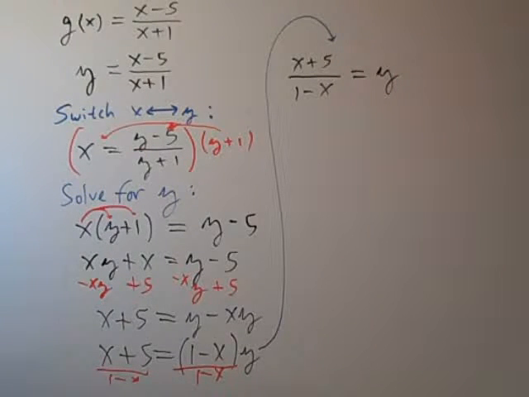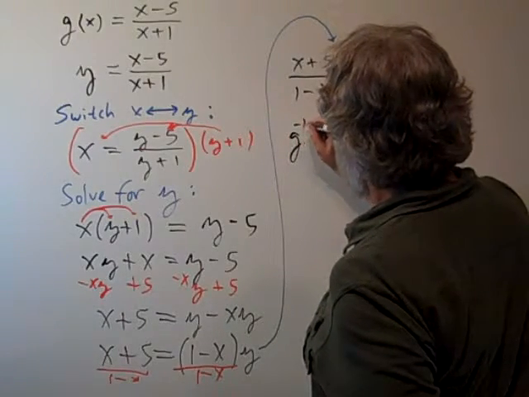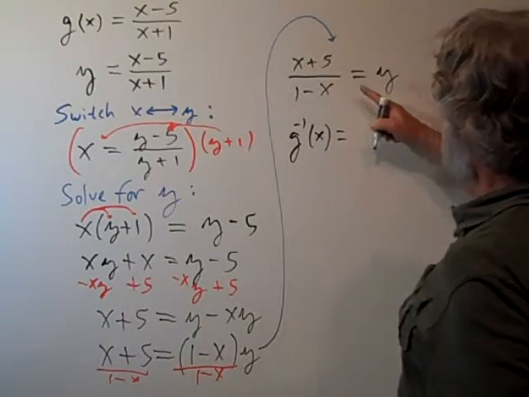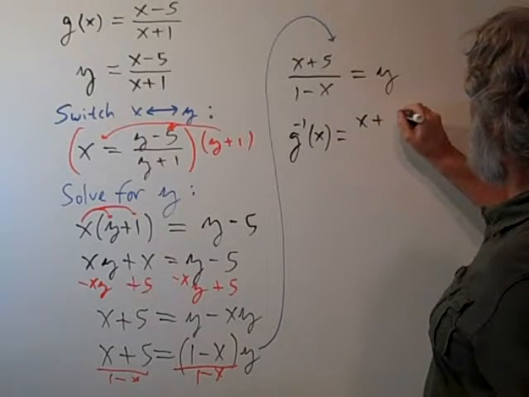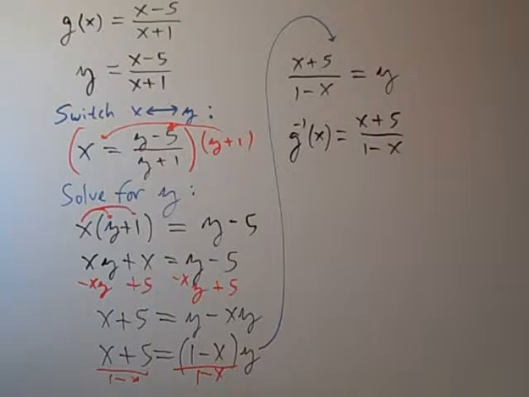This means we've found the inverse function. In fact, g inverse at x is precisely this function, (x plus 5) divided by (1 minus x).